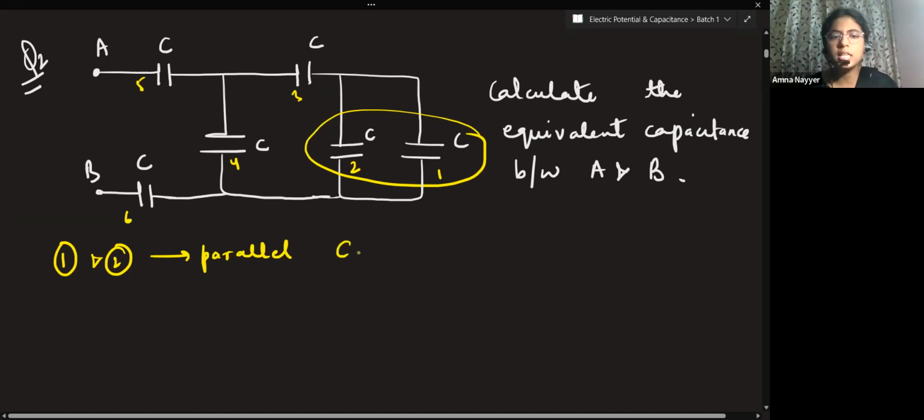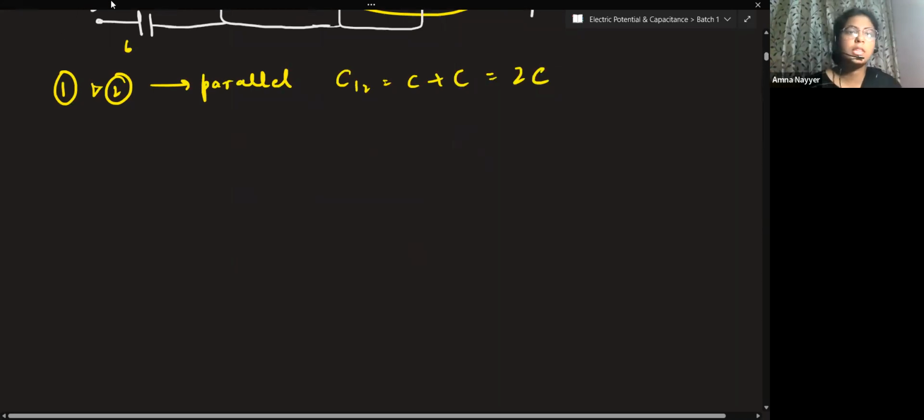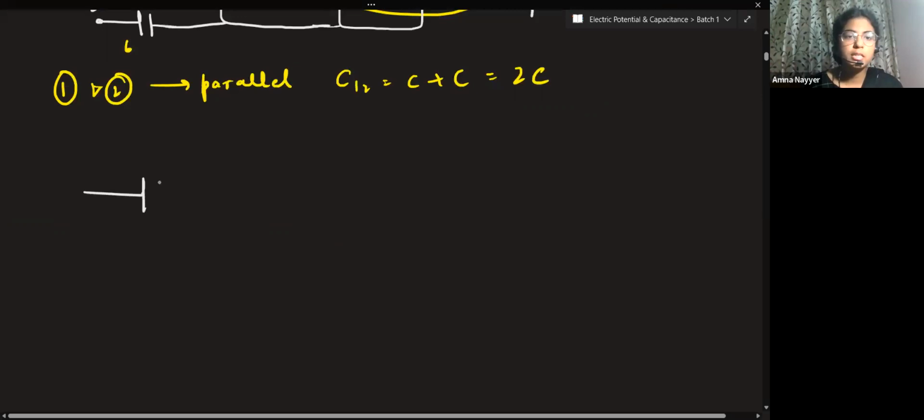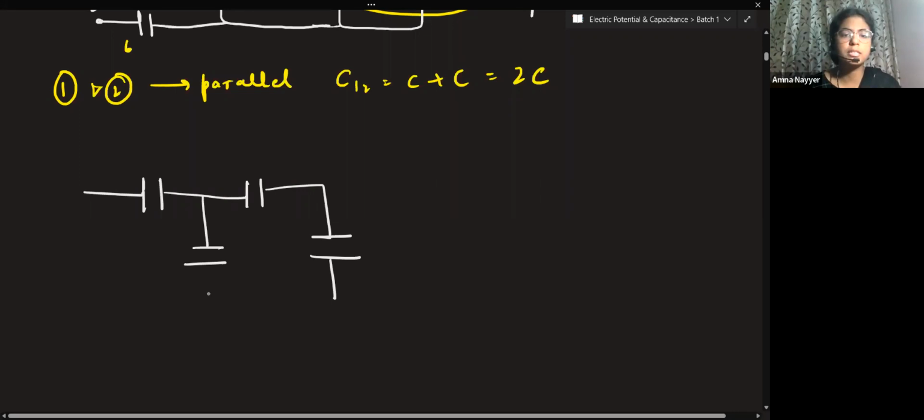So C12 will be what? C plus C, that gives 2C. Now how does my circuit look? This is given, this is given. In this manner, we have another capacitor.